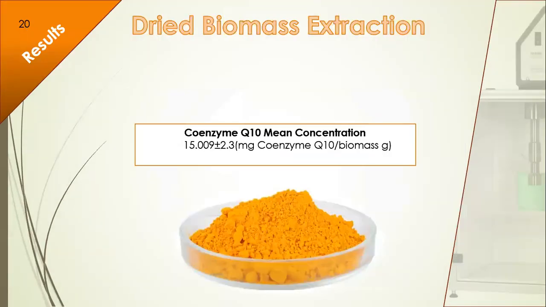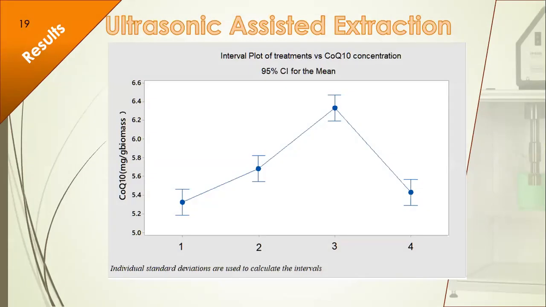We also ran a tiny extraction, well, not tiny, but with only a few experiments, of the dry biomass extraction. And sorry, I didn't mention it, but this design of experiments was done with wet basis biomass.